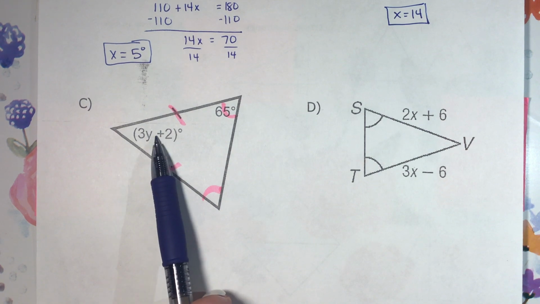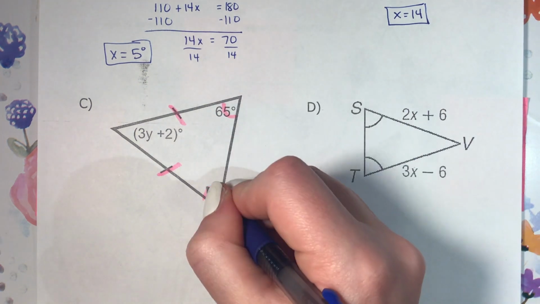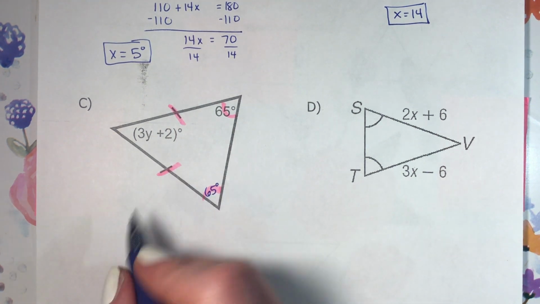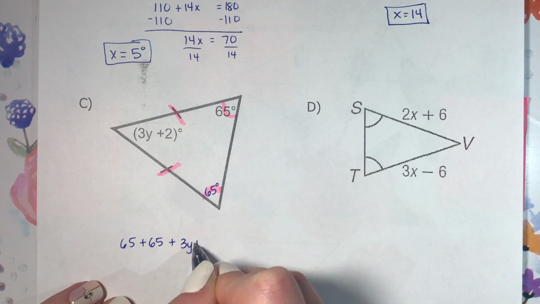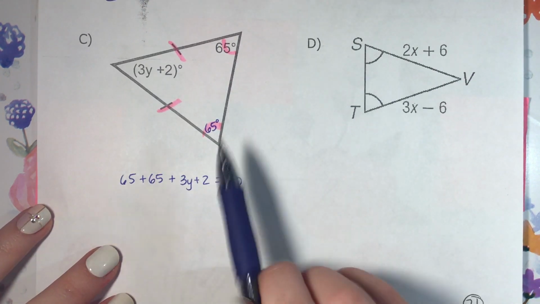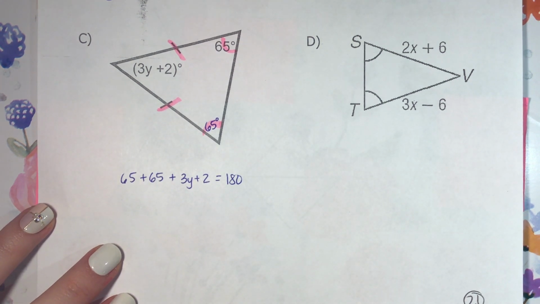This is not congruent to 65. 65 is congruent to these guys, so I know 65 is down here. But how can I figure this one out? I'm going to use that common rule that we've been using over and over, that the angles inside a triangle add to 180 degrees. So I'm going to say 65 plus 65 plus 3y plus 2 is equal to 180, because all three angles in every triangle add to 180.